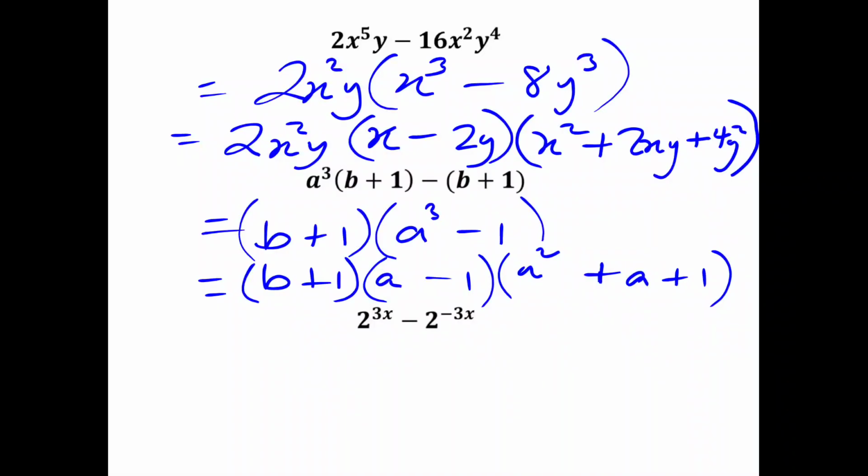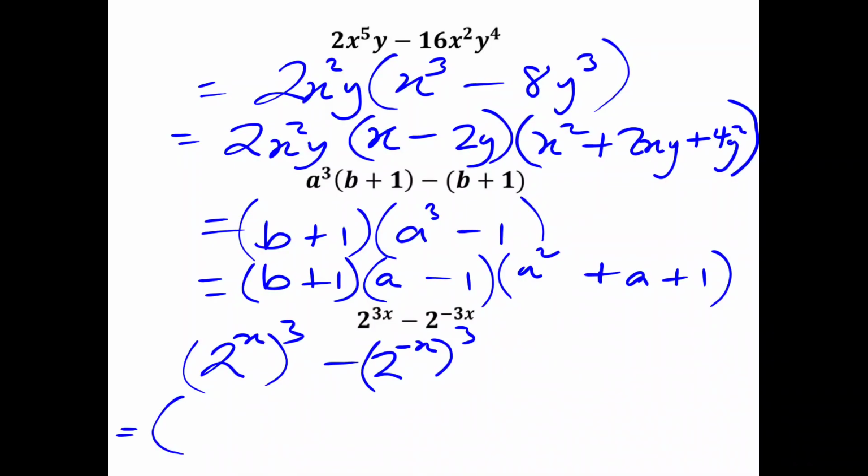Now, the last one can be factorized as follows. If you think of 2 to the power x cubed minus 2 to the minus x cubed, then we have a difference of cubes, so we can introduce a binomial and a trinomial.